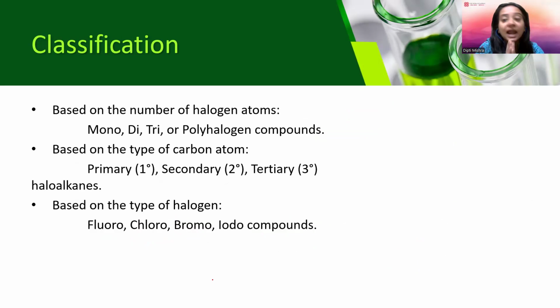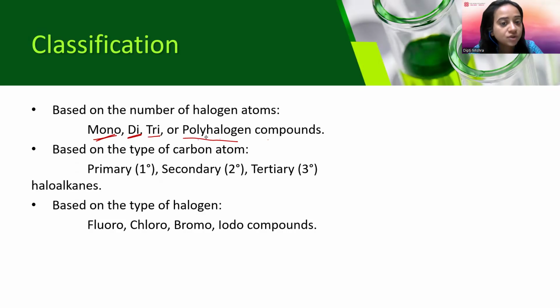Now, classification, how we can divide them. Based on the number of halogen atoms, we can replace one hydrogen atom, two hydrogen atoms, three hydrogen atoms, and so on. If we replace one hydrogen atom by one halogen atom, it is known as a monohalogen compound.